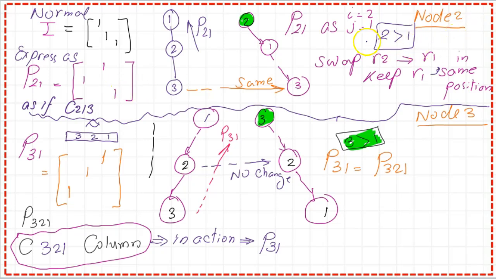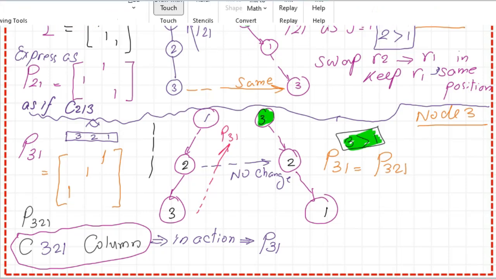So for P21, we are writing: swap R2 to R1 and keep R3 in the same position. This is R3.